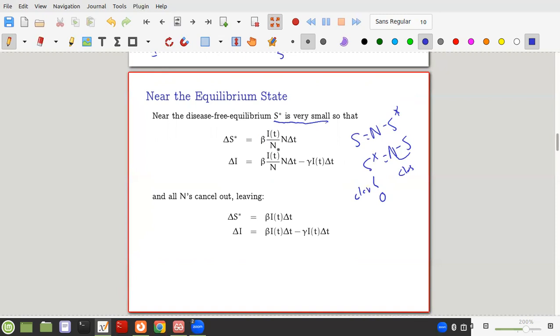So that's why these equations are linear equations, because the N's cancel. I cancel the N's here and here. I end up with this set of equations, and they're linear in the sense that they're still differential equations, but there's just an I here, there's an I here, and an I here. There's no products of terms.